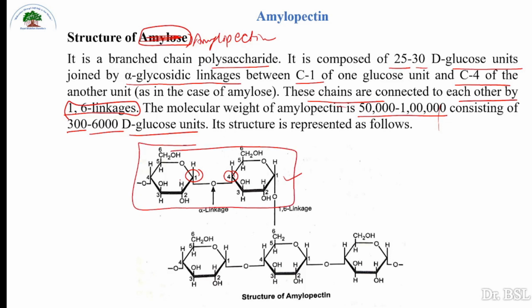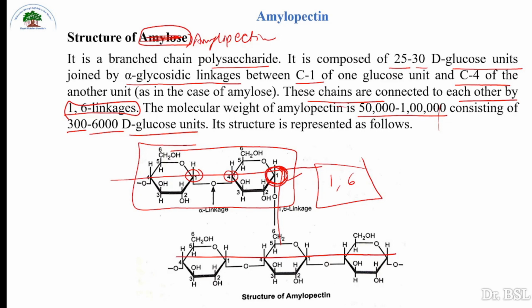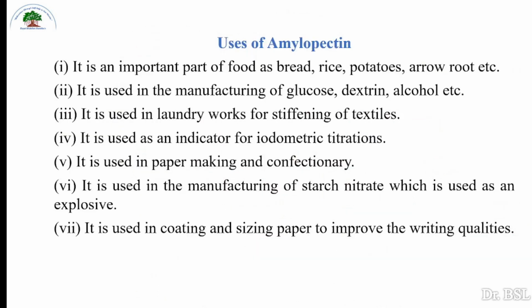This is a linear chain, and this one is linked with another linear chain, and this is 1,6 linkage. So carbon number 1 of this unit is linked with carbon number 6 of another unit in another chain. So it is branched. So this is branched polysaccharide.